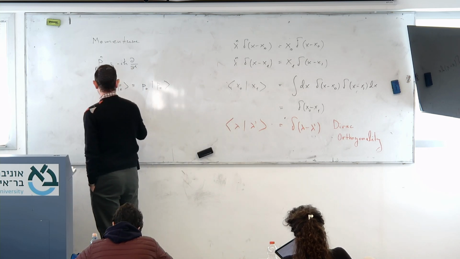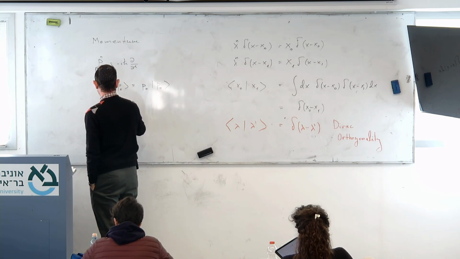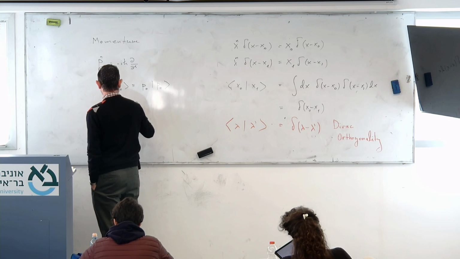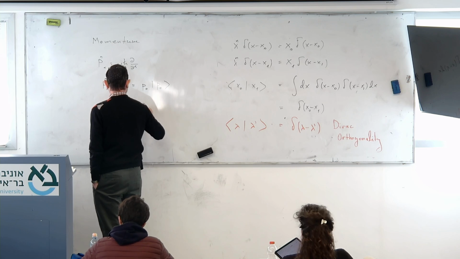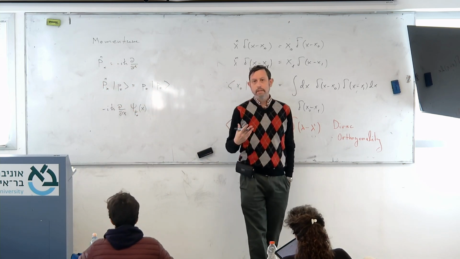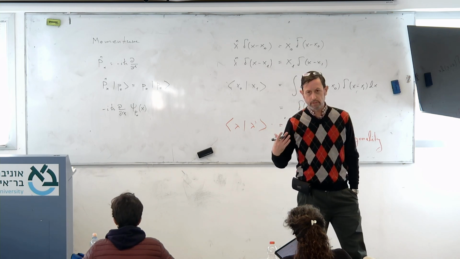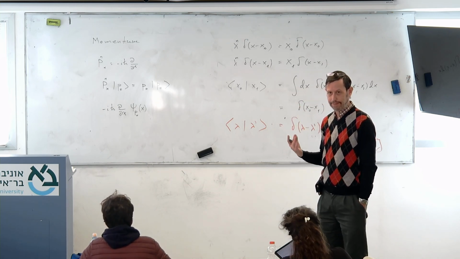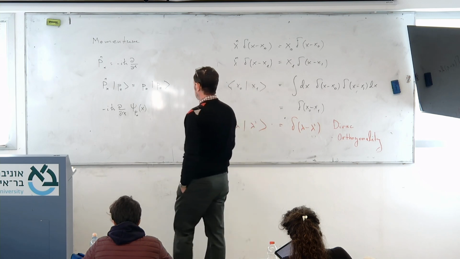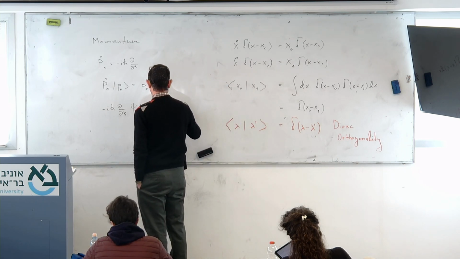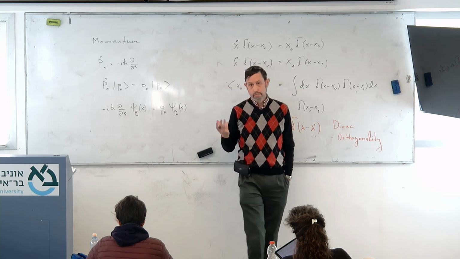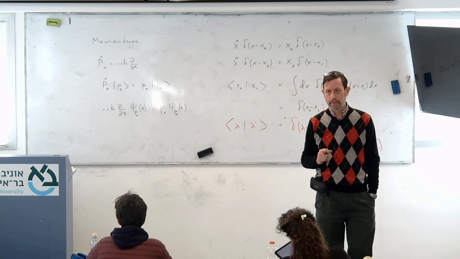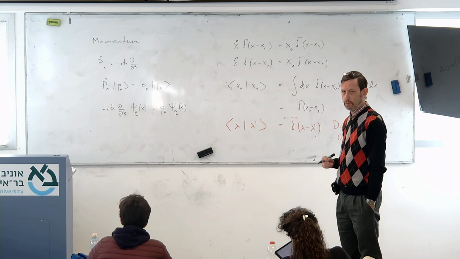Okay, lovely. So this is the eigenvector of the momentum in the x basis. This is just rewriting the eigenvector and eigenvalue equation.